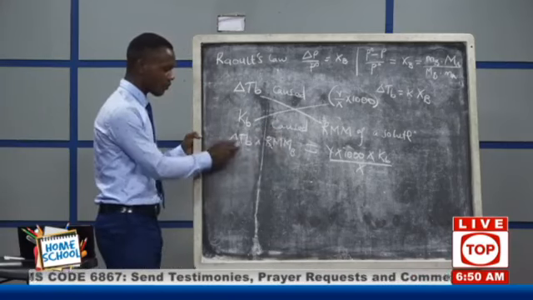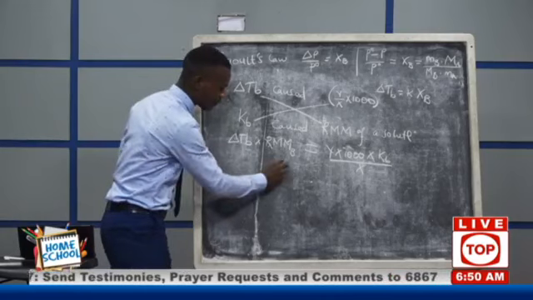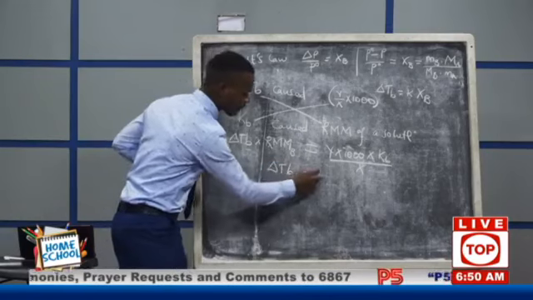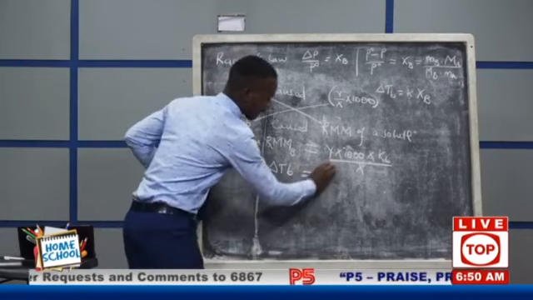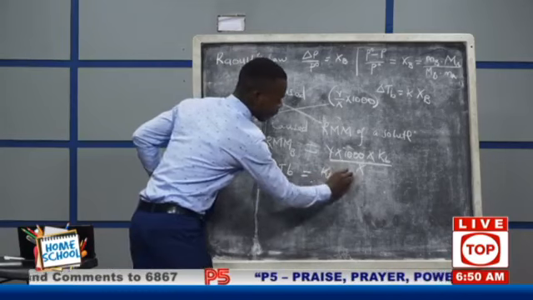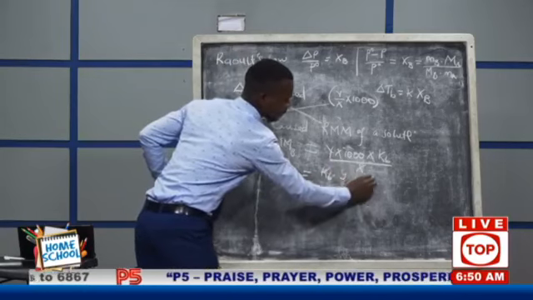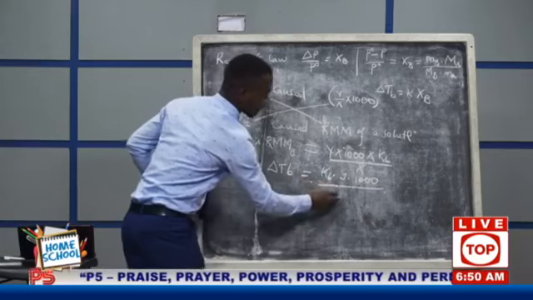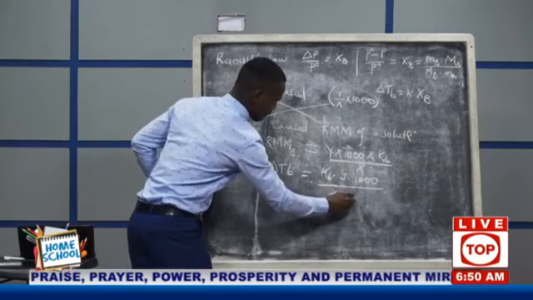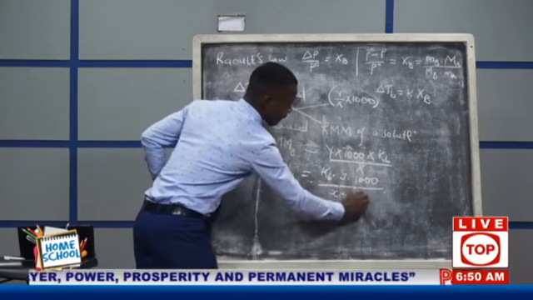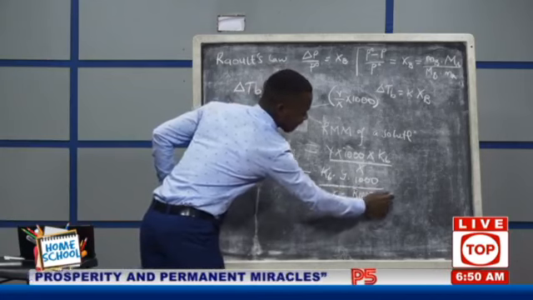What do you want? You want this one, so you make it the subject of the formula. It will equal Kb times Y times 1000 divided by X times the RMM of the solute.